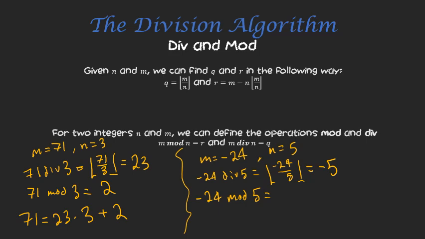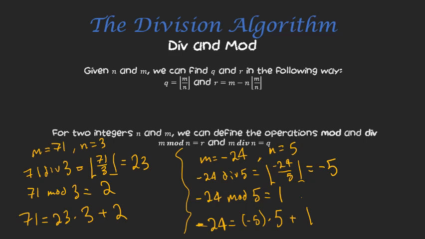And that's 1. And so that means that negative 24, when broken into groups of 5, is a quotient of negative 5 groups of 5, with a remainder of 1. And so that's what negative 24 mod 5 is.